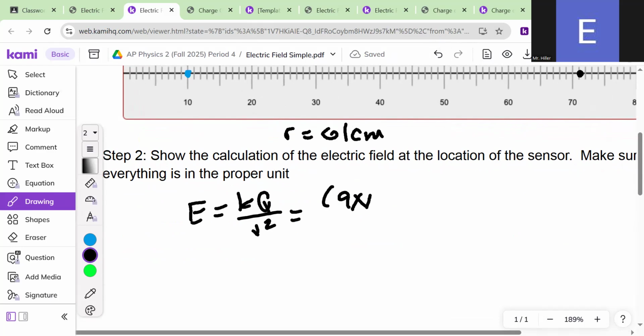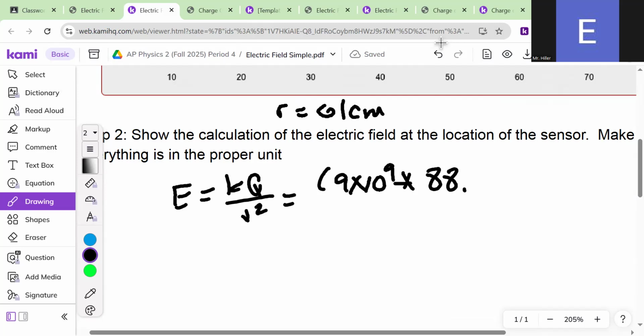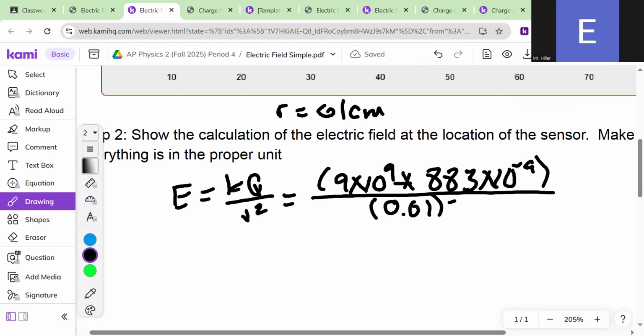So we have 9 times 10 to the 9 times my value for Q, which is 88.3 times 10 to the negative 9, all over 0.61 quantity squared. Enter in your values. Newtons per coulomb is the unit. Go ahead and enter in your values and let's see if we can get this right.